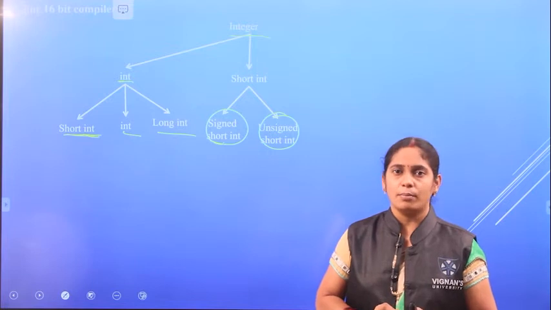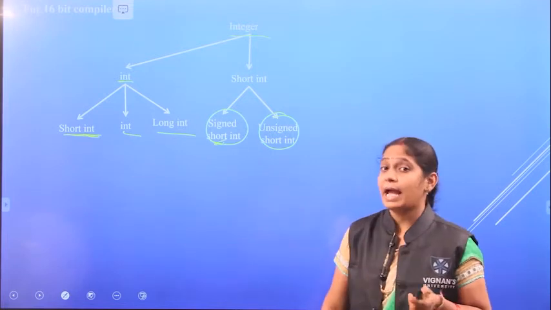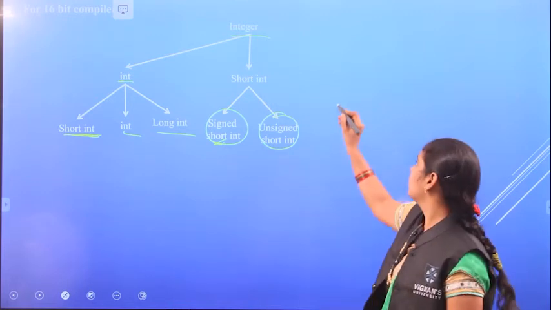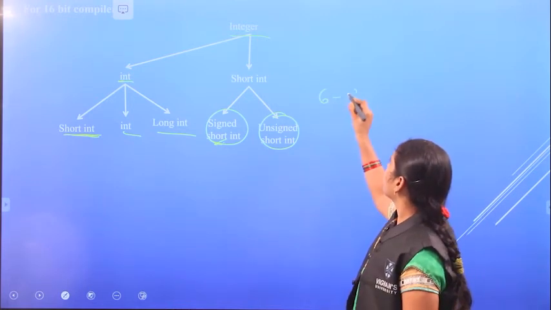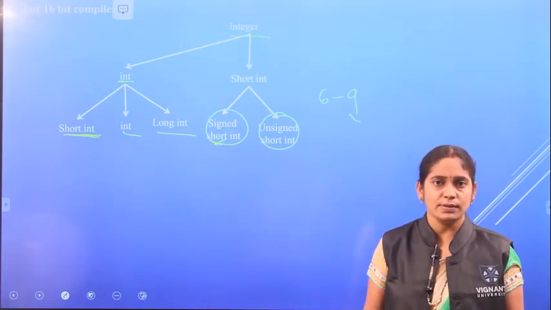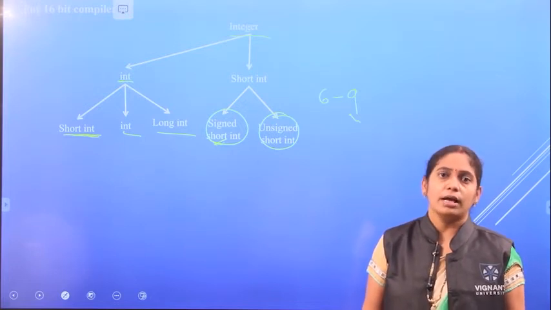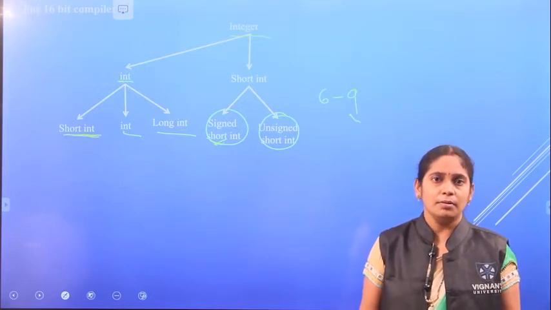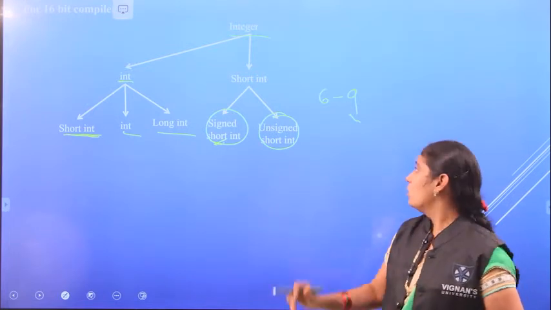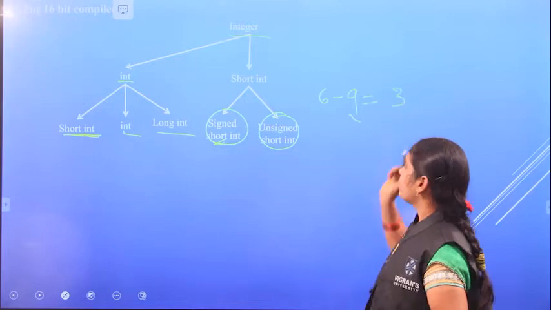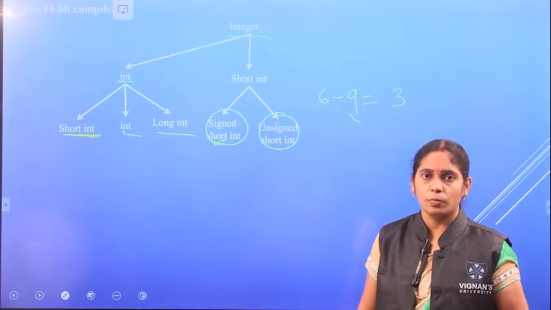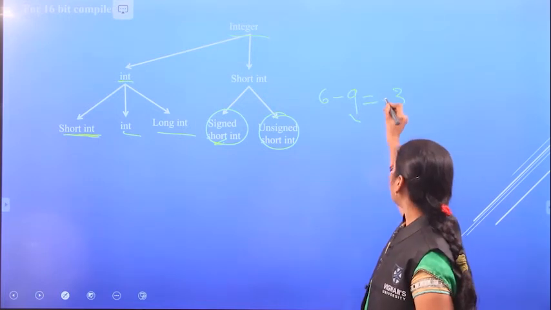Then coming to the other form, signed form. While you are performing some mathematical operations like 6 minus 9. Here two integers we have, 6 and 9, both are integers only. And what operation are we performing on them? Subtraction, 6 minus 9. What is the result of it? Is it 3? Can we specify like that? No. We have to represent it as -3.